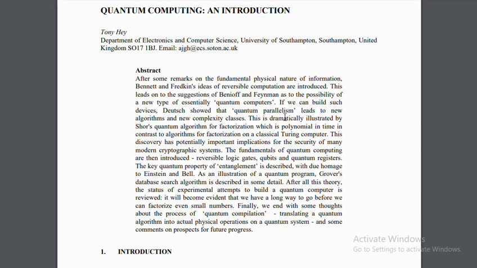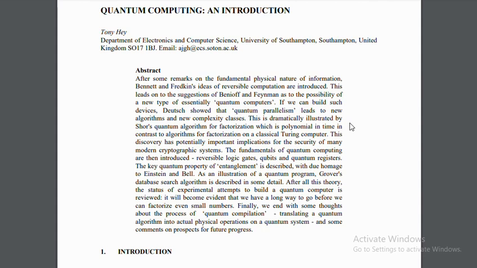And let's read further. Does it show that quantum parallelism leads to new algorithms and new complexity classes? This is dramatically illustrated by Shor's quantum algorithm for factorization, which is polynomial in time, in contrast to algorithms for factorization on a classical Turing computer.